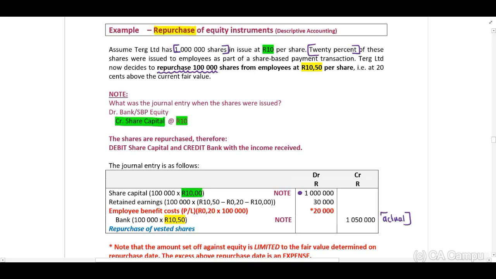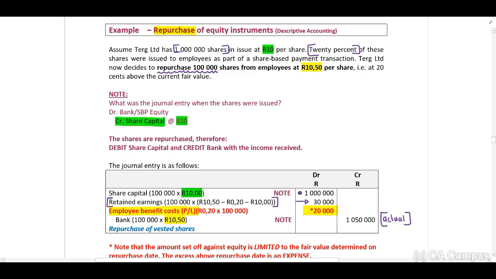Therefore, 100,000 times 10 Rand 50, and the difference shall be recognized in our profit and loss as employee benefits, and this will be 20,000. You will then identify that there is a balancing amount that we need to recognize to our retained earnings to the value of 30,000.